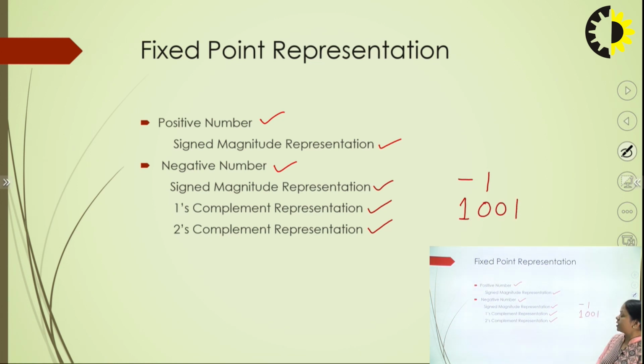But in 1's complement form, it will be represented as 1, 1, 1, meaning I am converting 0 into 1 and 1 into 0. So this is the 1's complement form of the number. The sign bit remains the same, but the magnitude value is changed into 1's complement form. This is known as the 1's complement form for a negative number.